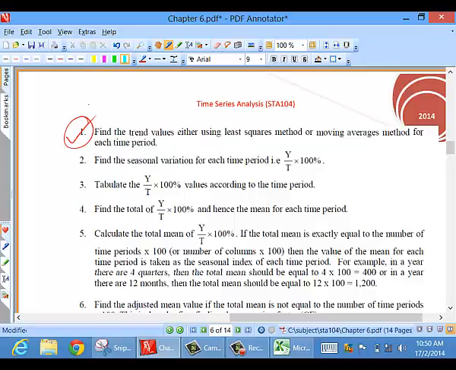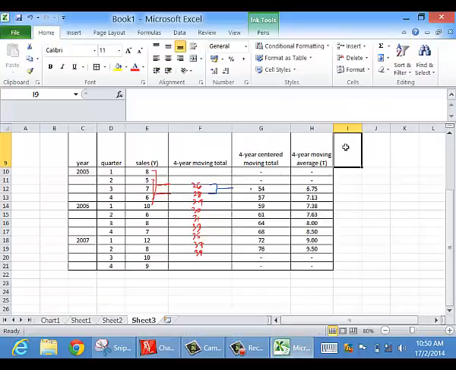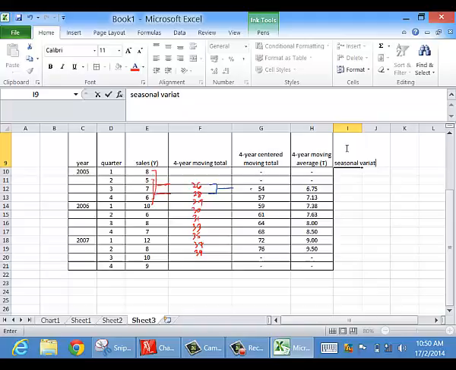The second step, find the seasonal variation for each time period by using this formula: S equal to y divided by t multiplied with 100%.